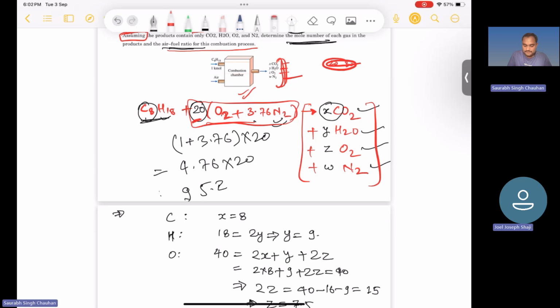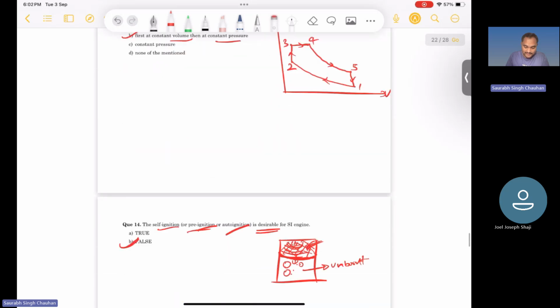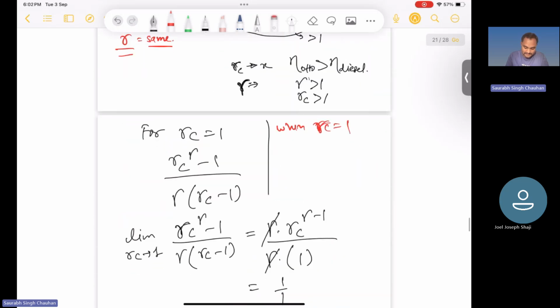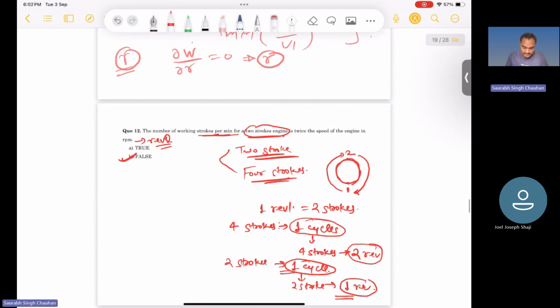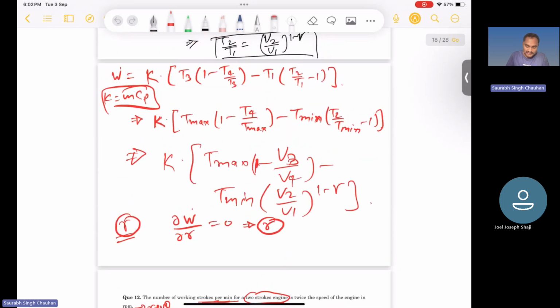So we have already crossed 2 hours, a few minutes more, so I think we should close here. One question I left in between is a differentiation question. You put all these values in terms of volume, then convert all these values in terms of compression ratio. Then for the maximum, you differentiate by the variable and put it equal to 0.